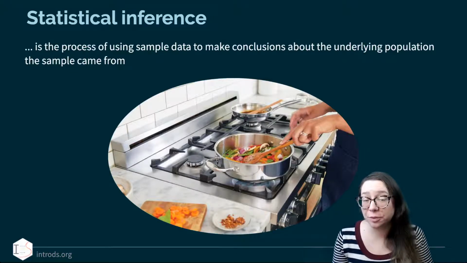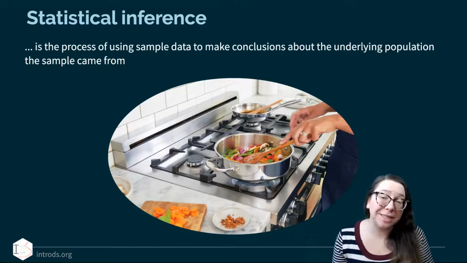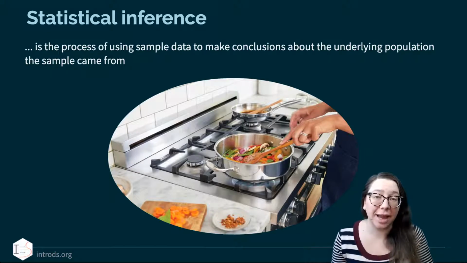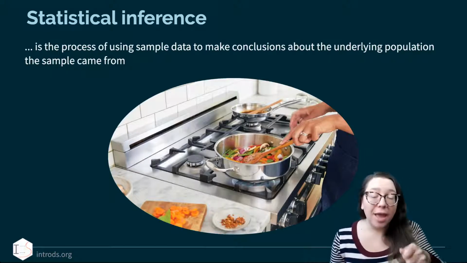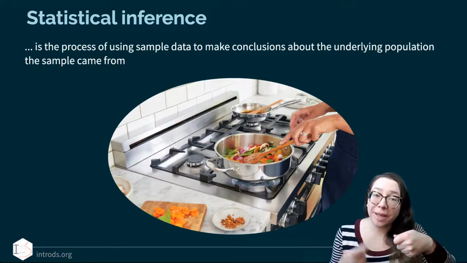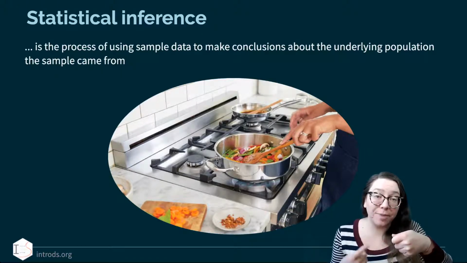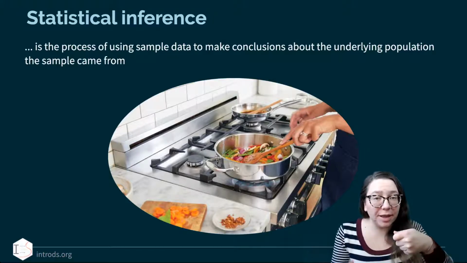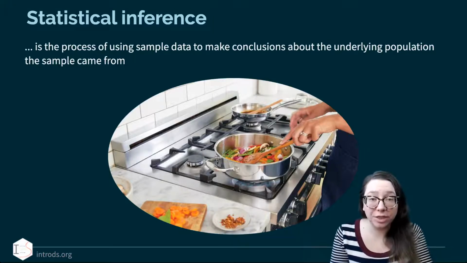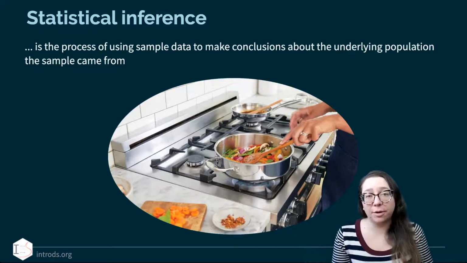We usually do the spoonful approach. That's basically what statistical inference is like. We take a sample and taste that, and then based off of what we learned from our observed sample, we infer something about the population that we don't have data on. That's the entire pot of soup.